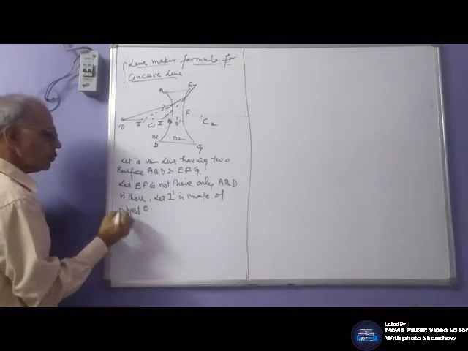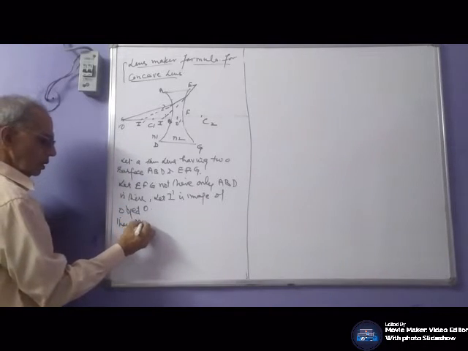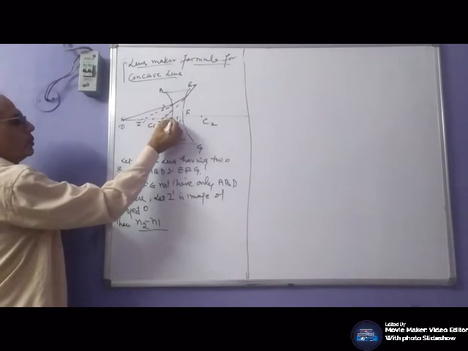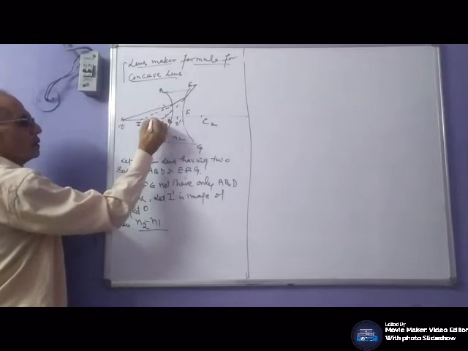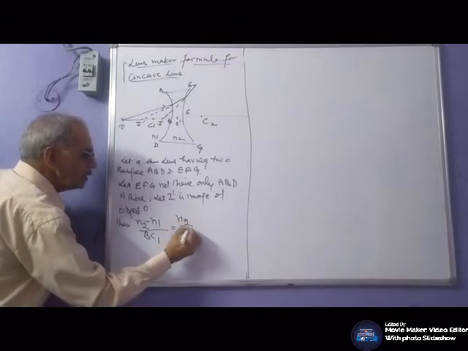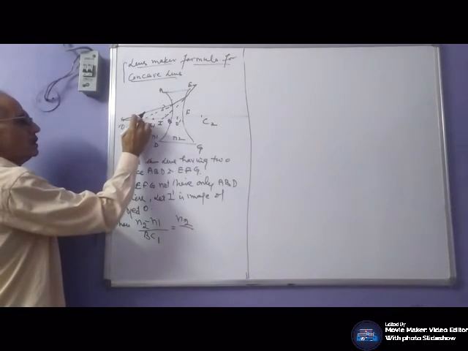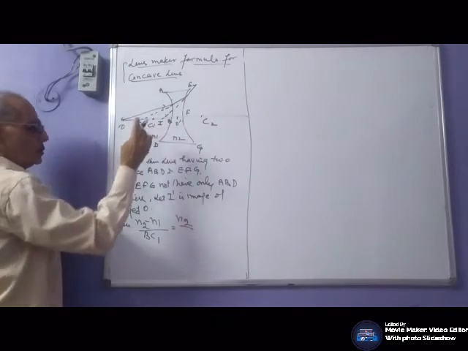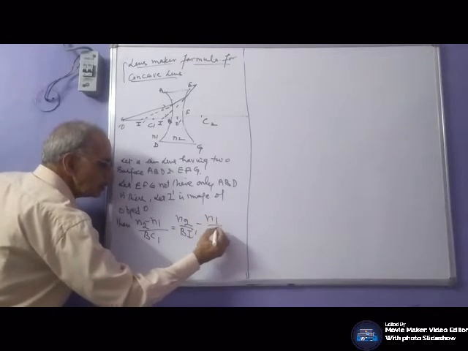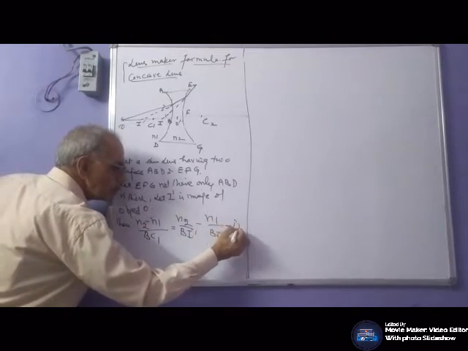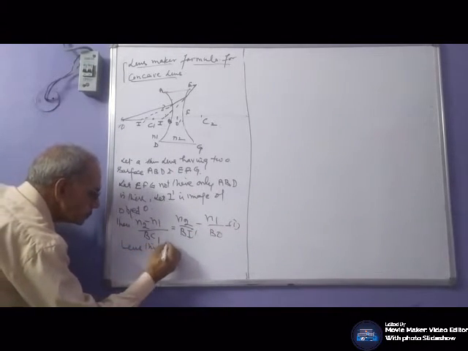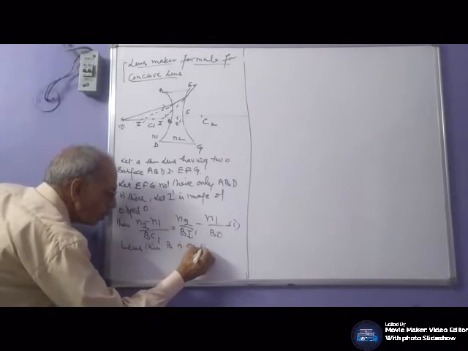Then, ray going to the denser medium: N2 minus N1 by R, this is R, equals N2 by V, here it is the image I dash, minus N1 by U. Lens thin, B is on O dash.